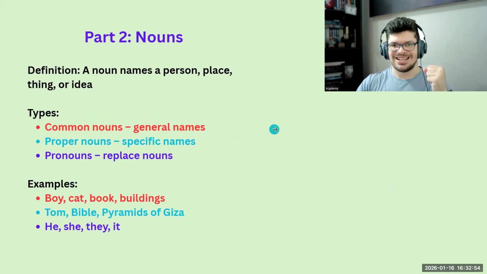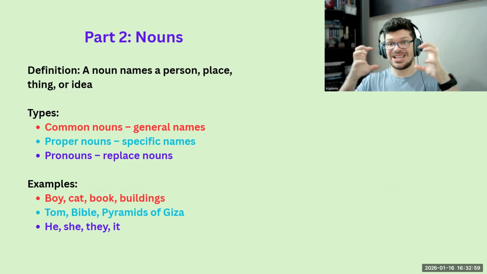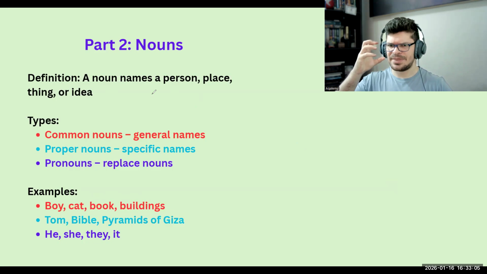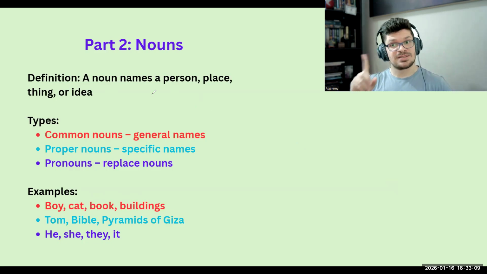Now we look at nouns. This one is very important. I put them as a group. Nouns give us the name of something general, maybe specific. Sometimes we use a noun for something we don't know the name for. I will show you.